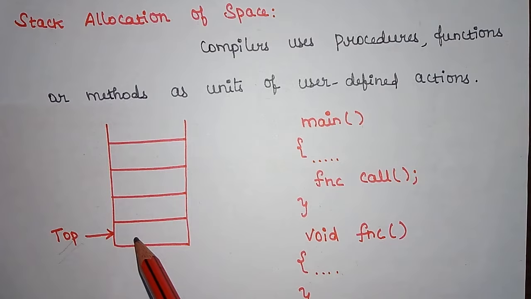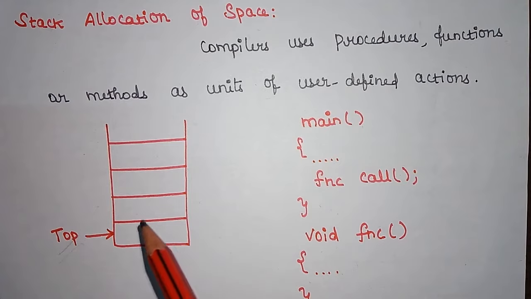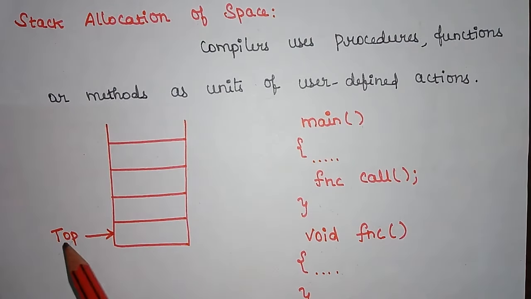Whenever the activation ends, the activation record is popped out from the stack, and the top value gets decremented. This incrementing and decrementing of the top value is based on the size of the record that we are going to use here.